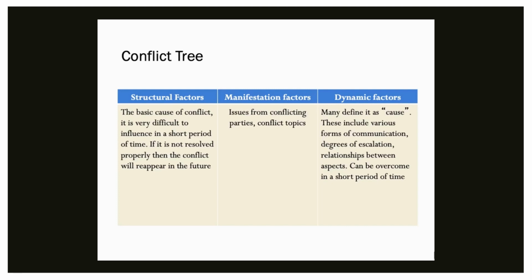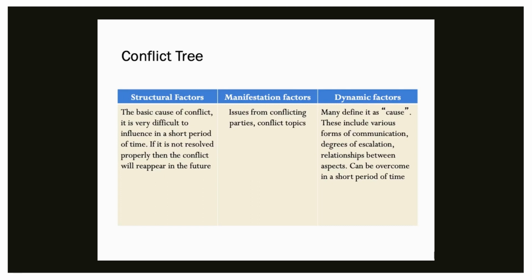Can we negotiate with all of the conflicting parties? And also, the third is the dynamic factor. We call the causes of the conflict, like torture, killing, or also the effect of the conflict, like the victims of the conflict.